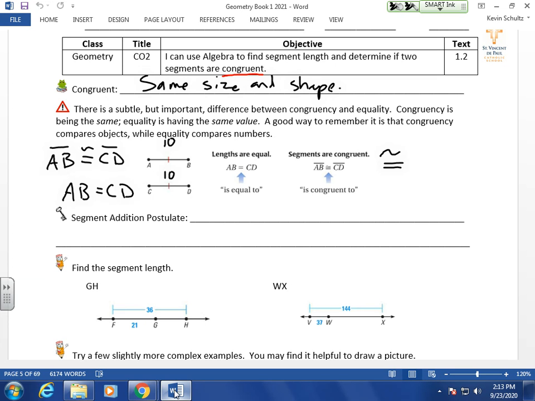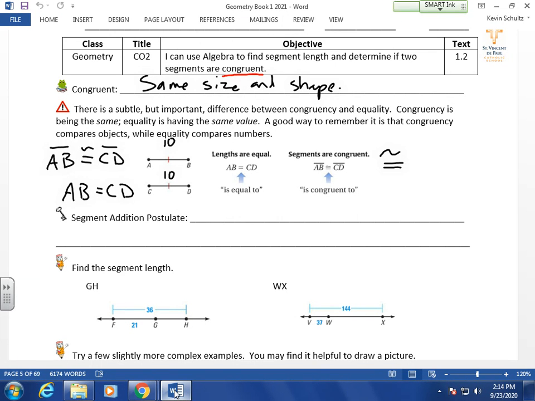They both have a measure of 10. Notice that when we talk about their value, the segment symbol drops off. And so if it's just the letters, it's saying what is the value of. One of those math notation things, like math punctuation almost, so you know what we're talking about.